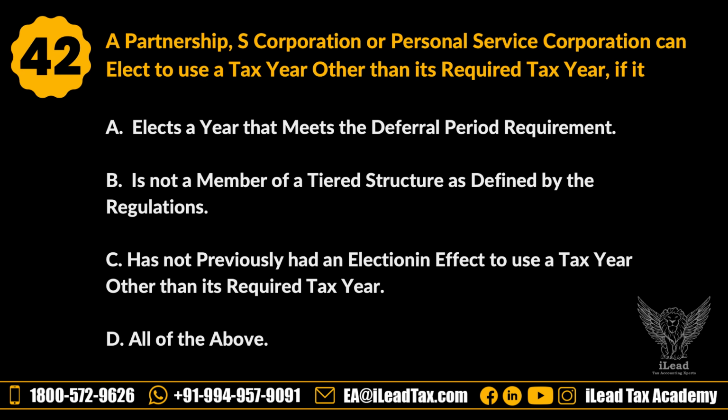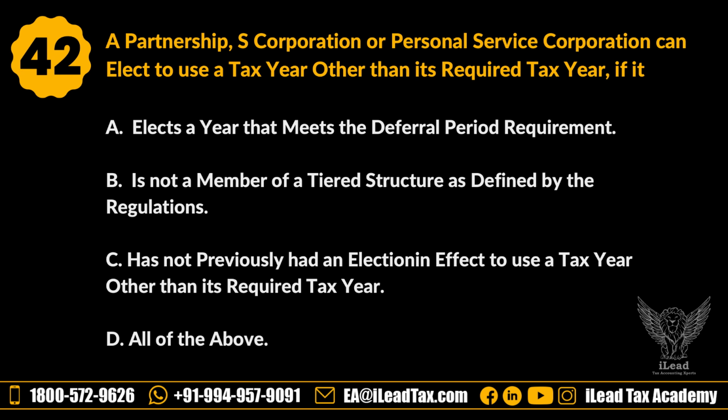And the second one relates to the limitation on certain entities in a tiered structure from electing a tax year other than the required tax year. Tiered structures involve multiple levels of entities and there are restrictions on certain types of entities within such structures. So option B is also one of the requirements.